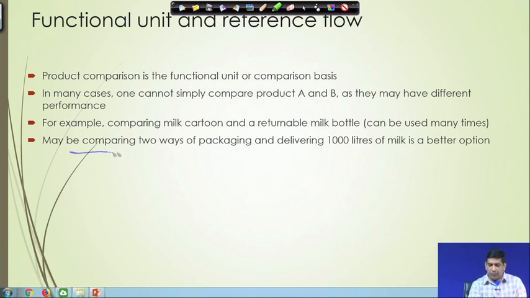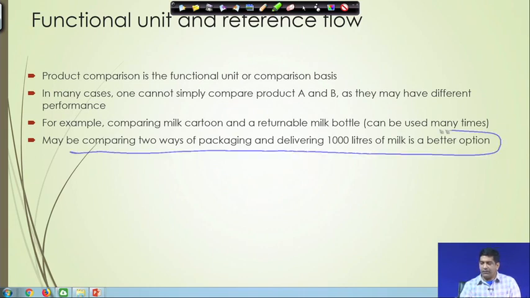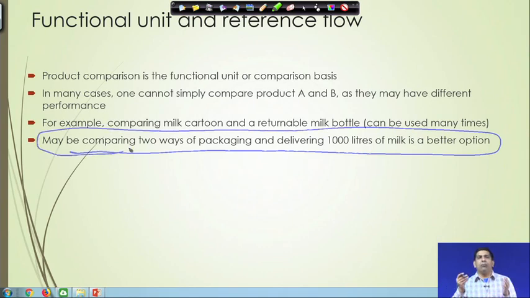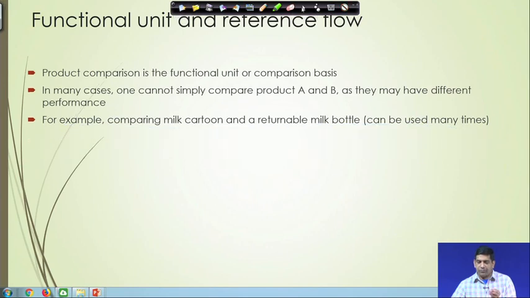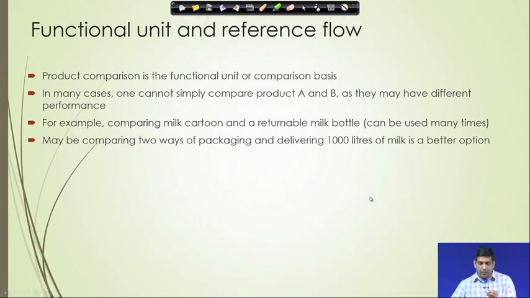So, you can compare two ways of packaging and delivering 1000 liters of milk. That becomes more realistic, as you are putting both options on similar footing. You are being fair to both options. That is what it is all about. You need to give both options the same chance. You cannot give a bias to one.